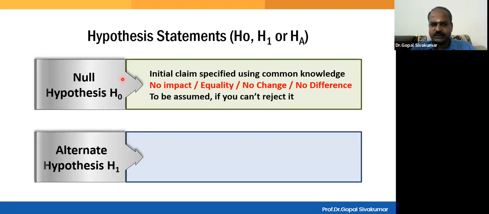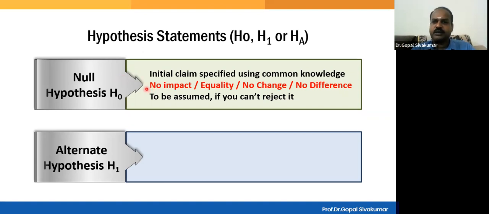You have 10 machines, all the same make and the same model. And what is your belief? In all the 10 machines, the rate of production is the same. All 10 machines will give the same surface finish. So everything is the same. Such a statement is called null hypothesis. We specify the statement using our common knowledge, right?